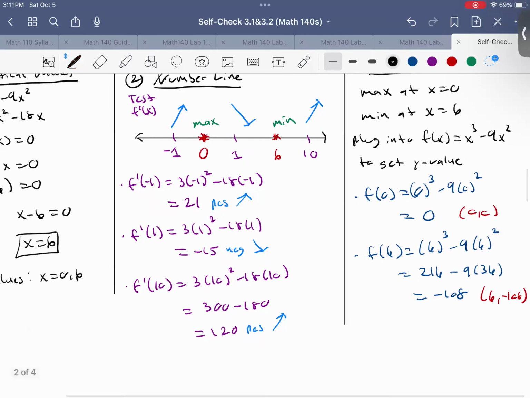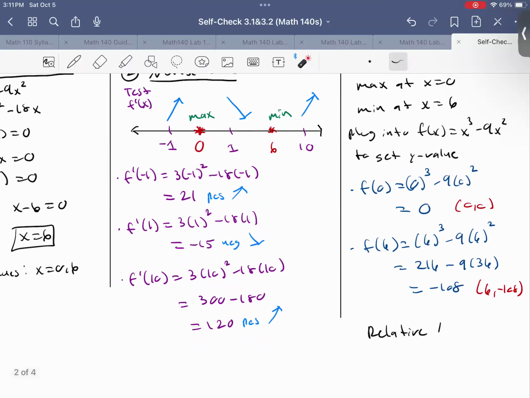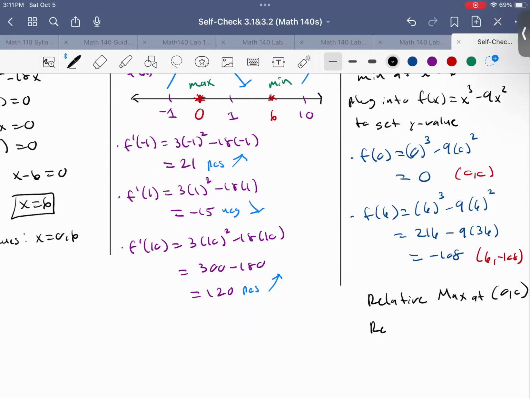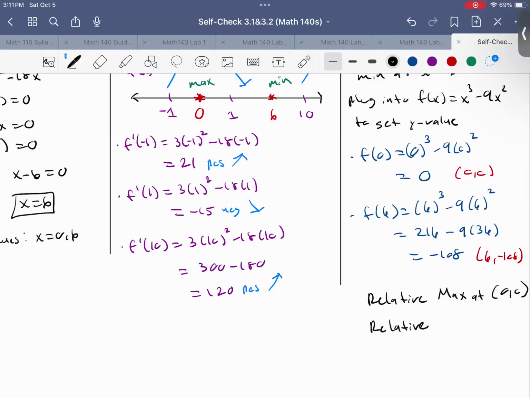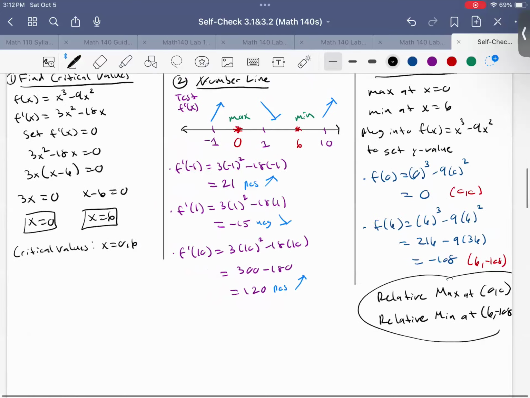So putting this all together, we have a relative, which one is 0 again? 0 is the max, right? So relative max at 0, comma 0, and a relative min at 6, comma negative 108. And that's our answer for number 3.